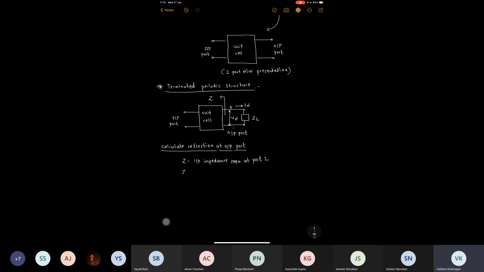And what is ZL? ZL is the output impedance terminated at port 2.